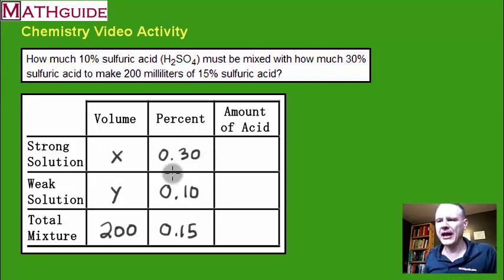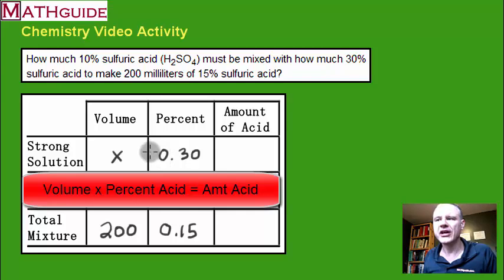Okay, now that we have the volume and the percent acid filled in the table, we need to figure out the amount of acid that's in each one of these solutions. In order to figure that out, you simply multiply across. When you take volume times the percent acid that's in the volume, you will get the amount of acid that's in the solution.